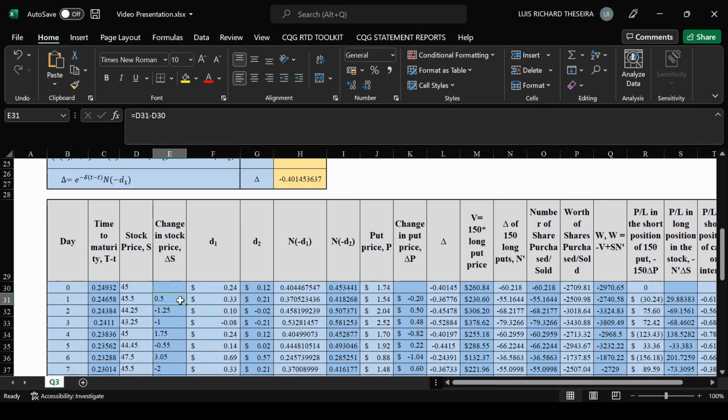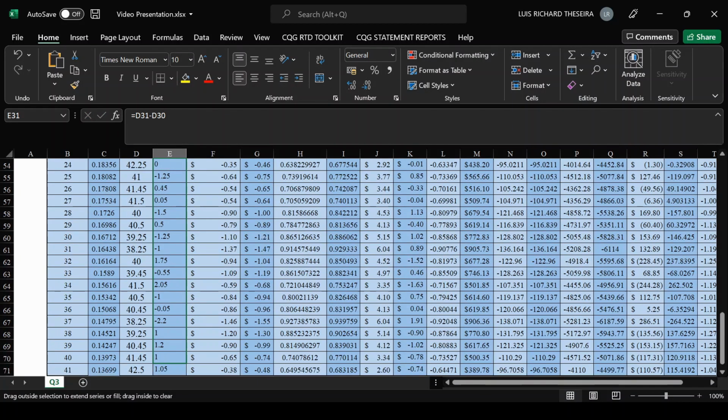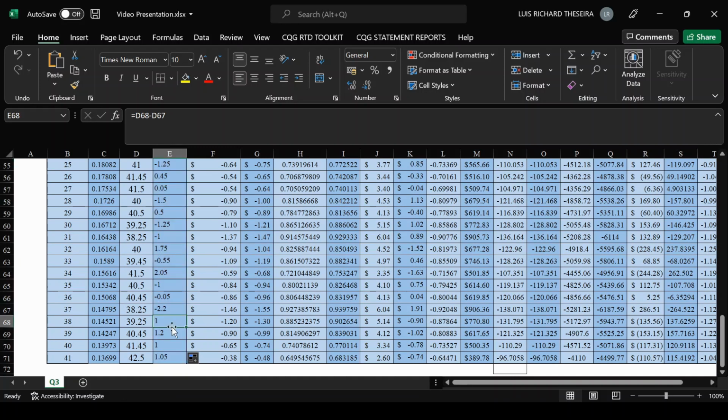Now we need to calculate the change in stock price, which is basically the change from day 1 to day 0, day 2 to day 1, and so forth. So from that, we can use D31 minus D30 corresponding to each cell. And then we can drag it down to see that it all stays the same.